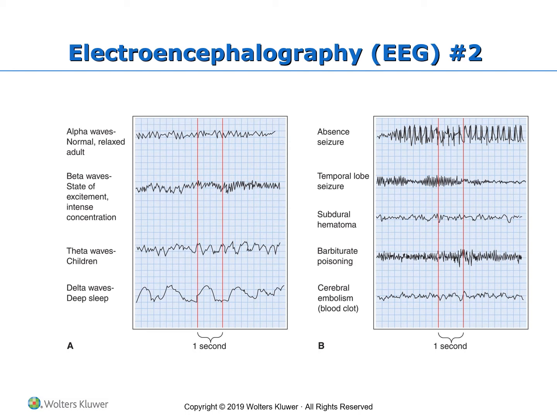And we have the deep sleep waves or the delta waves when our brain is completely in a state of low activity. On the other side, on the B image, you can see different types of seizures, the first two of them. You can see how a hematoma is changing the normal waves, and you can see how drug poisoning with barbiturates also is changing the aspect of the wave.